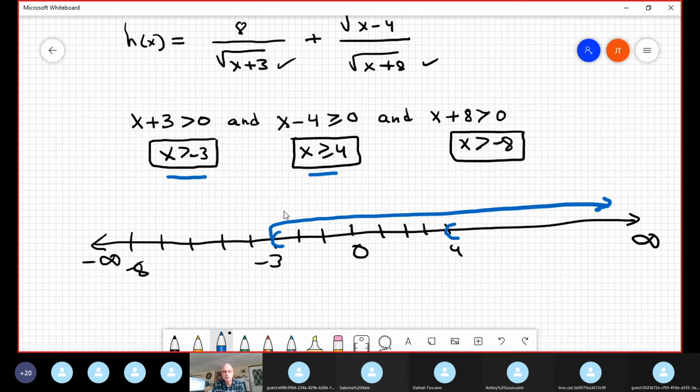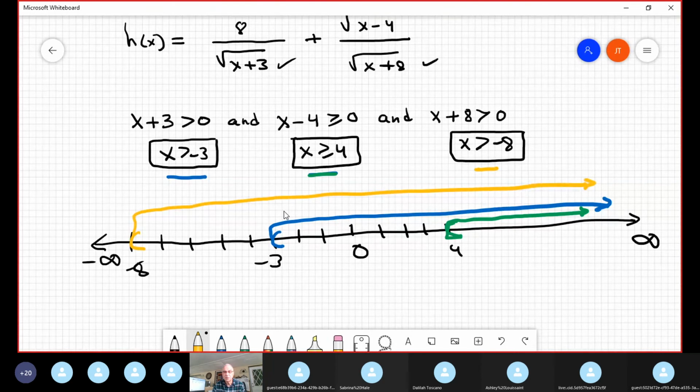Wait, let me change the color. Green color. Bracket, and that direction. Include 4, bracket here. Okay, now in yellow. Negative 8 is not included. Everything is to the right. And it makes sense to go to the right, greater than, because it's a radical.